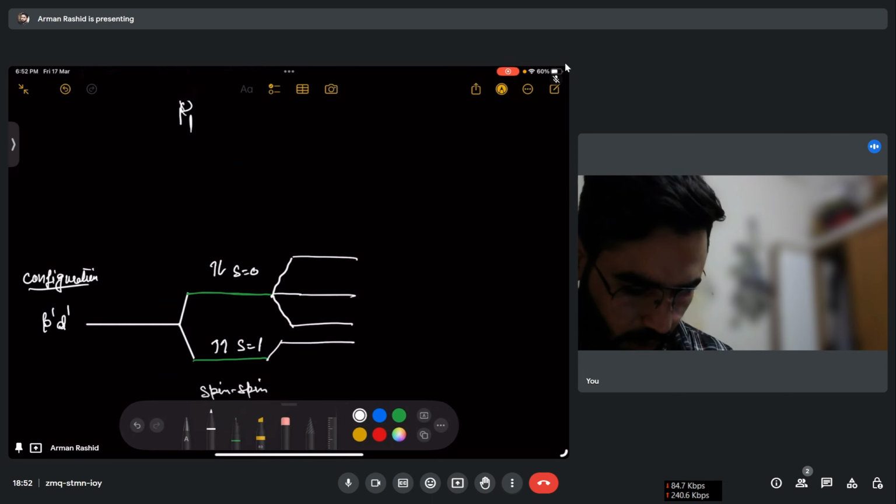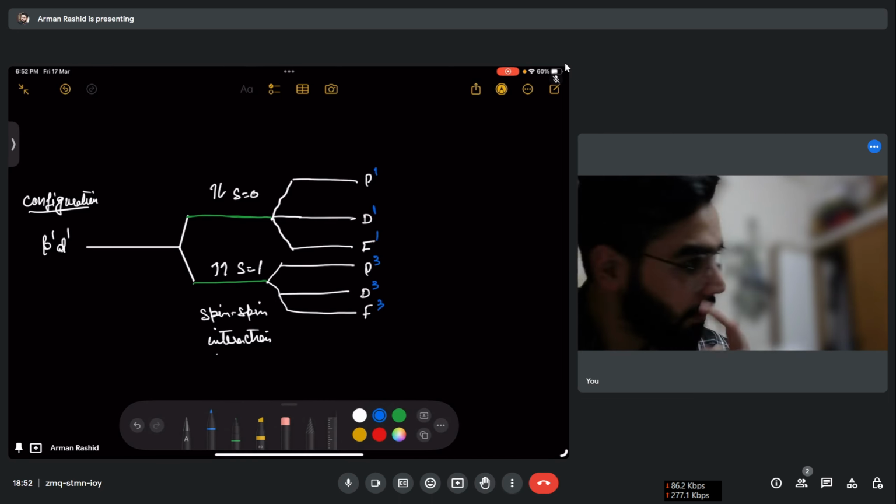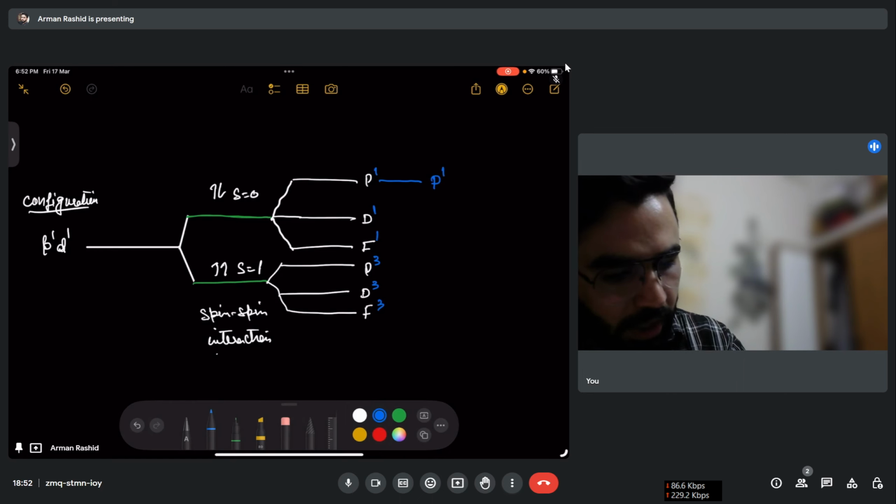Similarly this will give 3 states. Now the lowest energy state will be F, D, P. You must remember that these will have spin multiplicity of 1, 1, 1, 3, 3, 3. This gives only one state, that means P1, this gives one state, this gives one state. This is 3, 2, 1.